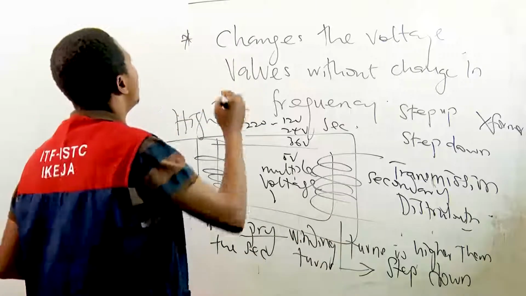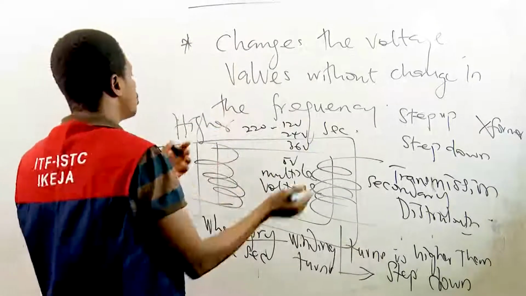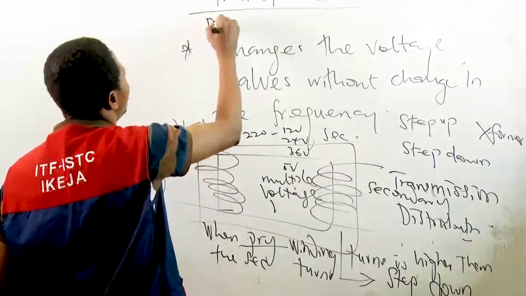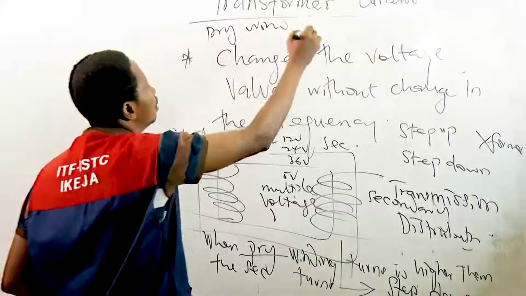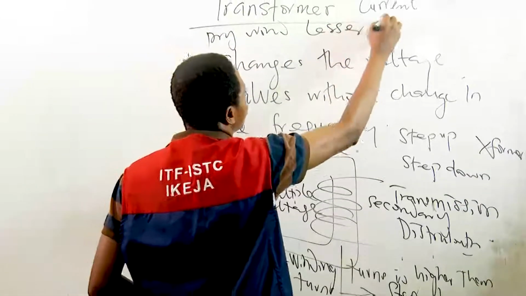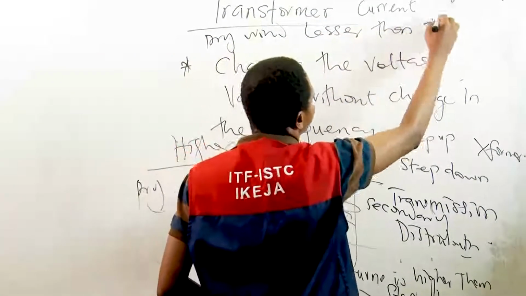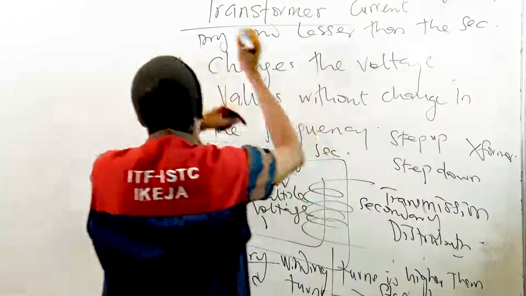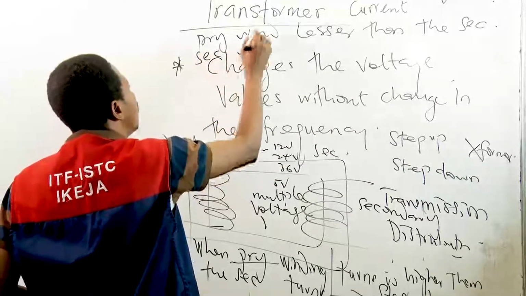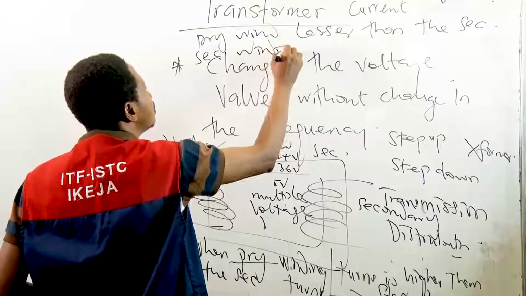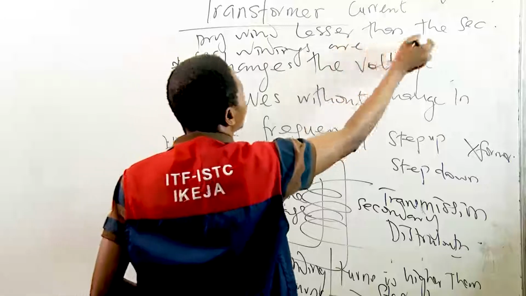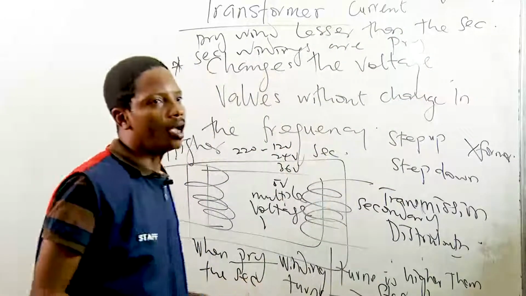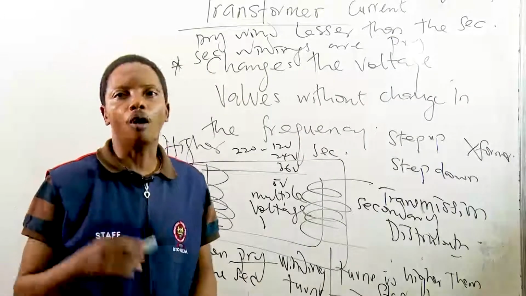However, we have the opposite when the primary windings are lesser than the secondary. In other words, when the secondary windings are higher than the primary winding, we have step up.